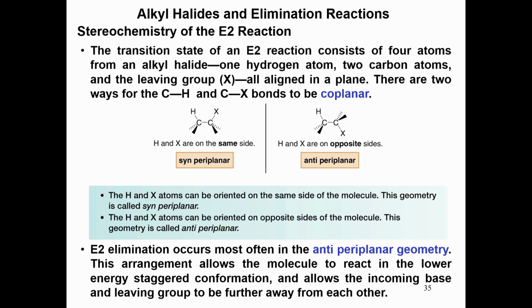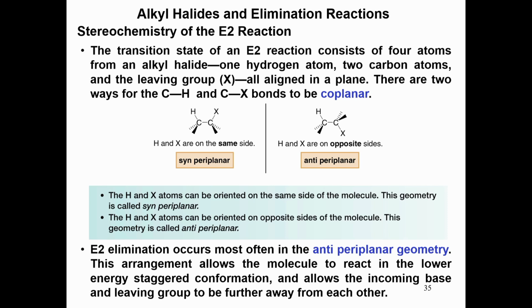In terms of the E2 mechanism, we have two ways of arranging this carbon, hydrogen, and halide. It can be syn-periplanar or anti-periplanar, but anti-periplanar is preferable because the substituents, the bulky groups, are on opposite sides, in a trans conformation.